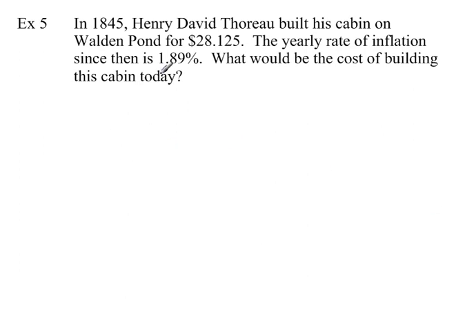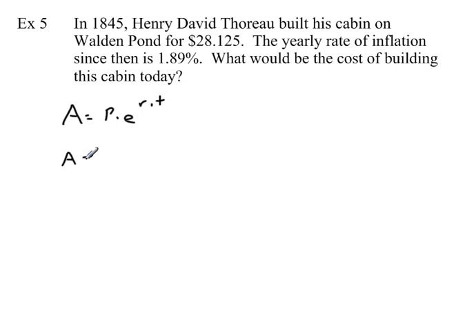Well, let's just think about one of the formulas we had before. We can say the final amount equals the principal times e to the rate times time power. So even though this is used for a savings account, we can also use it to figure out the value of this cabin or what this would cost.